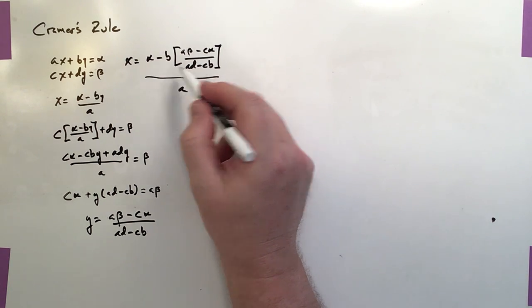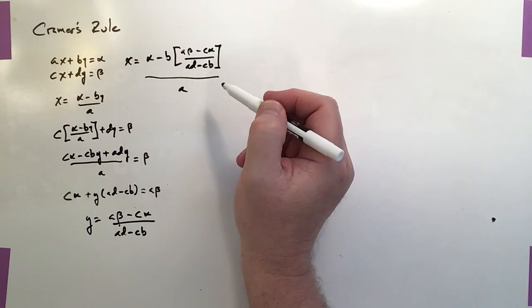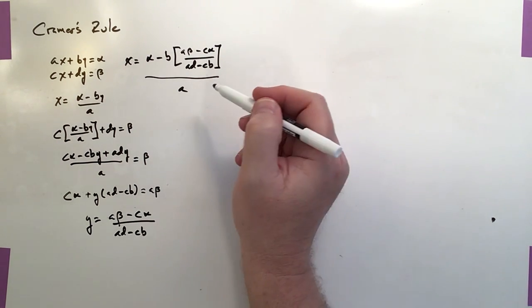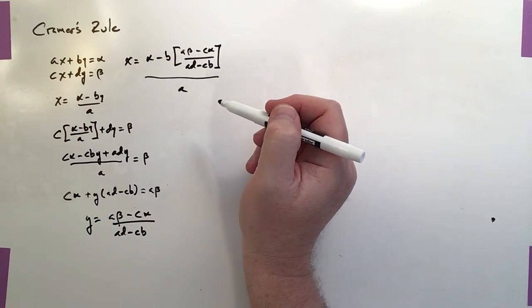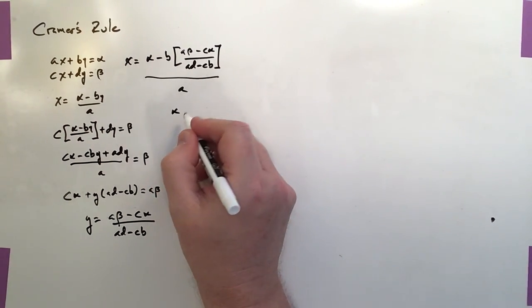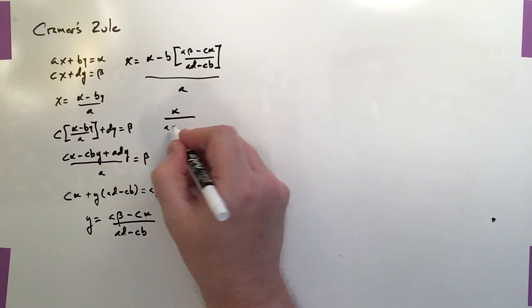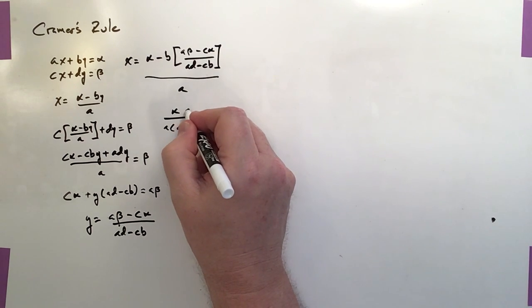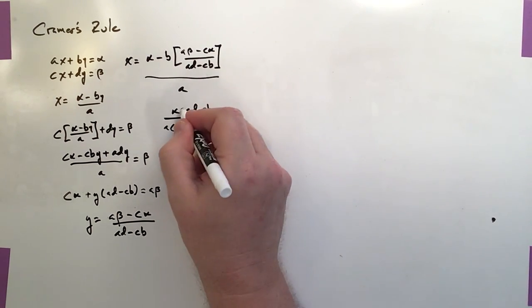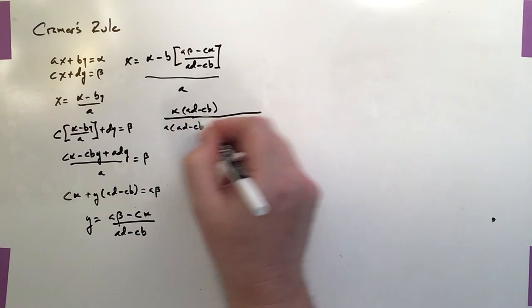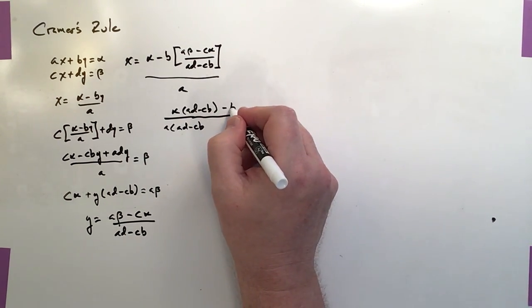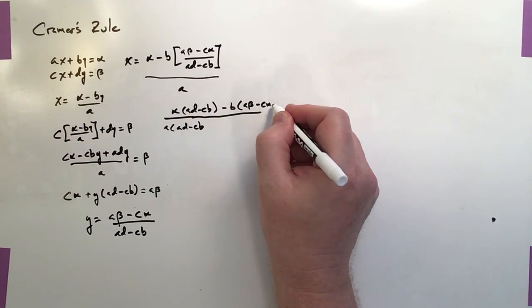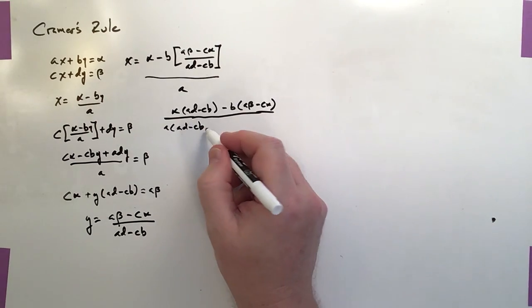So what I want is for alpha to also be over a common denominator of ad minus cb, and then there'll be an extra a in the denominator of that because the whole thing's divided by a. So it's going to be alpha times ad minus cb over a times ad minus cb. And then that denominator extends all the way across, and that'll be minus b times a beta minus c alpha. So we can clean up the numerator a little bit.